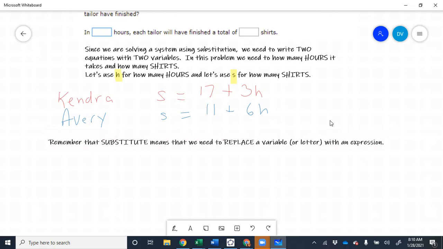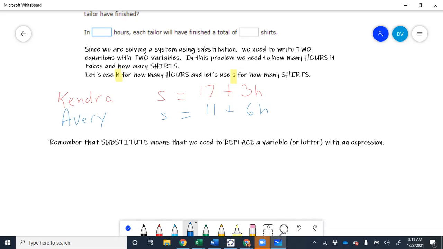In this red and this blue equation, it says 2 things. It says that S is the same thing as 17 plus 3H. It also says that S is the same thing as 11 plus 6H. I'm going to use the first one. Let me circle what I just said. It says that whenever we see an S, we can replace it with this. We can substitute it with this.